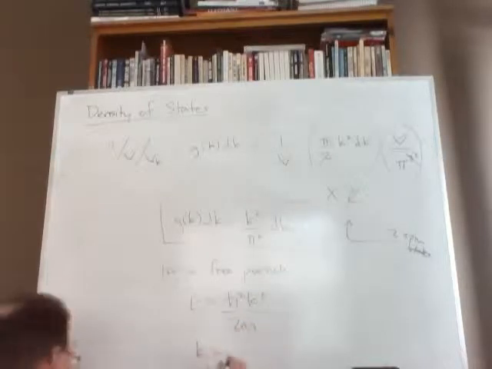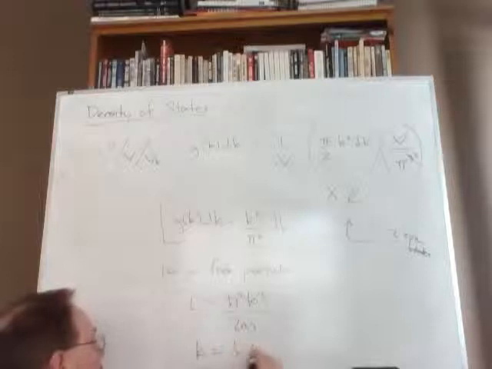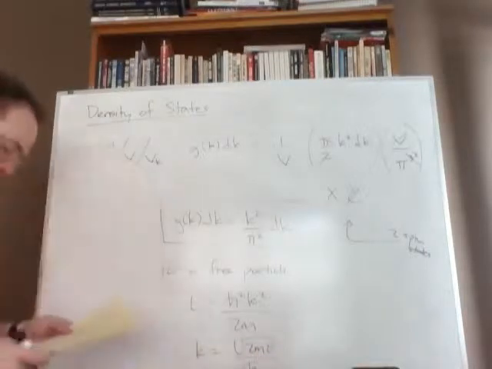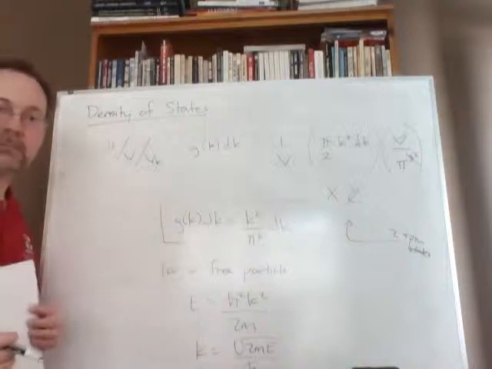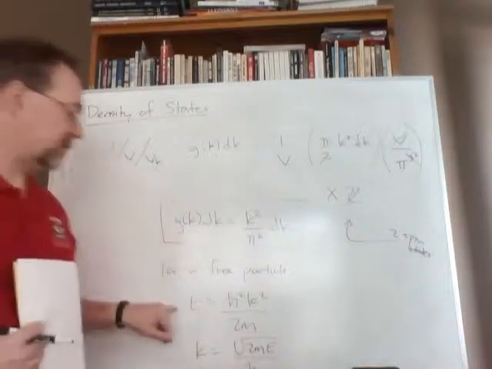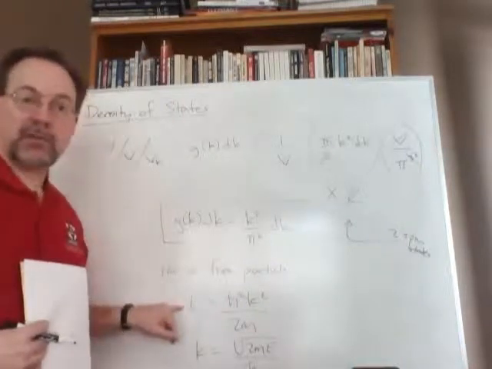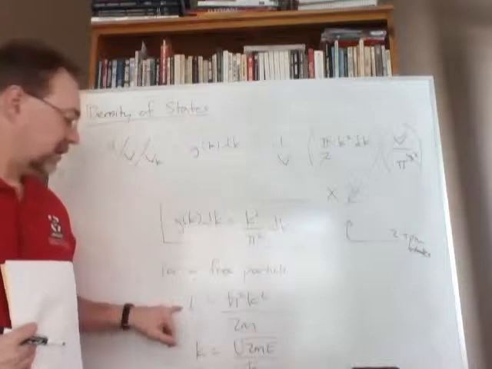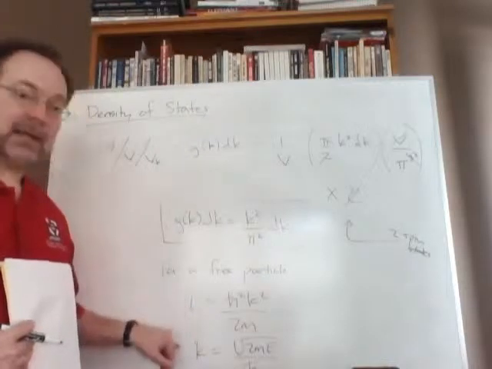So K is equal to the square root of 2mE over h bar. All right, so going back to our E-K relationship for a free particle, we can relate E and K.